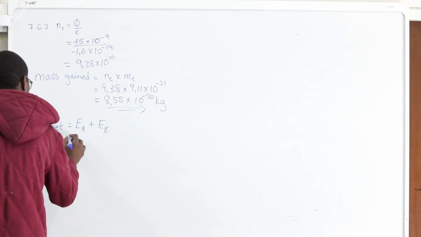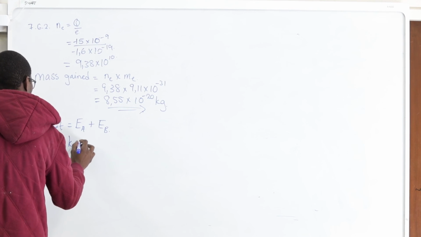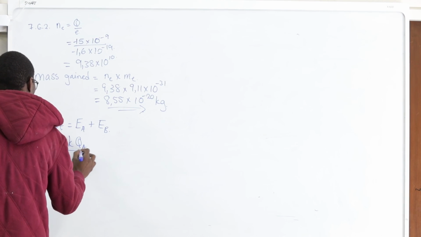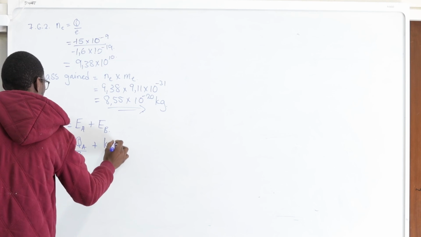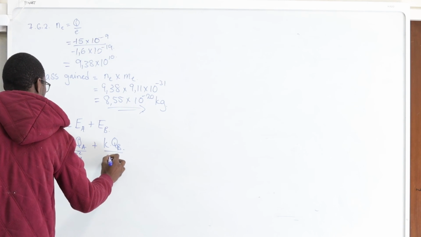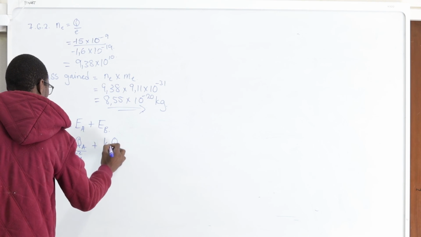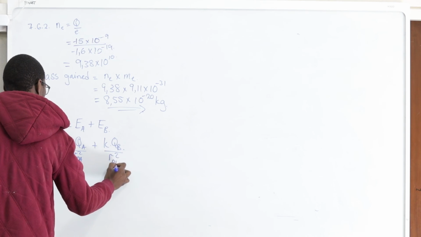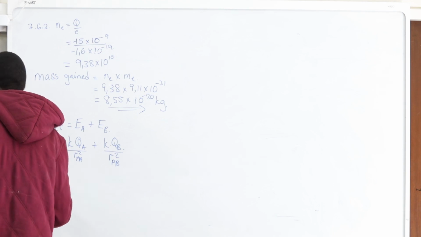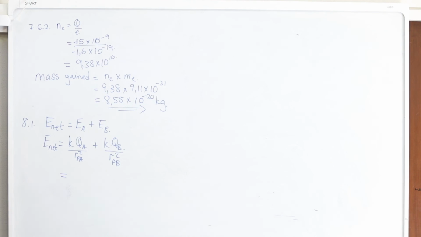We'll say K QA divided by the distance PA squared plus K QB divided by the distance PB squared. Let's do the quick substitution.